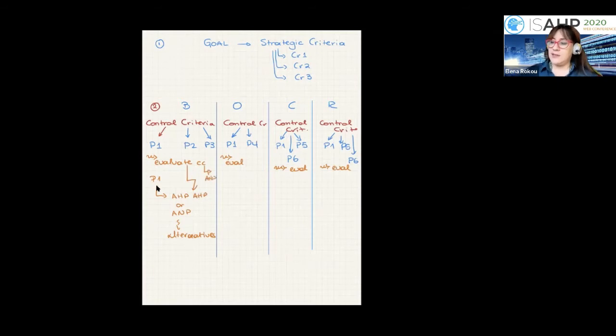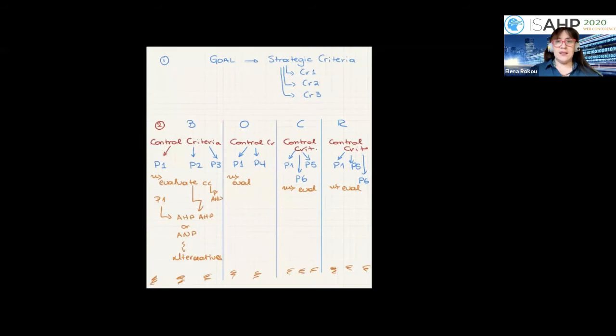So in my case, I would end up with 1, 2, 3, 4, 5, 6, 7, 8, 9, 10. I know how to count. 11 bottom level networks. I have one bottom level network for each control criterion that I decide to keep in my model. Well, that's how it would look. And that's the initial idea of how you structure your model.